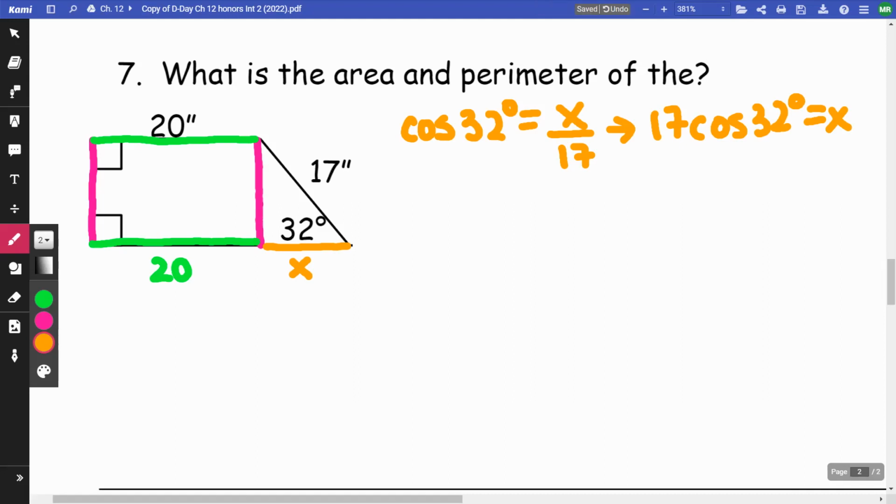When I put that into my calculator and I do 17 cosine of 32, I end up with 14.42. So this is going to be about 14.42 is what that's going to equal. So let me come over here and put in my 14.42.